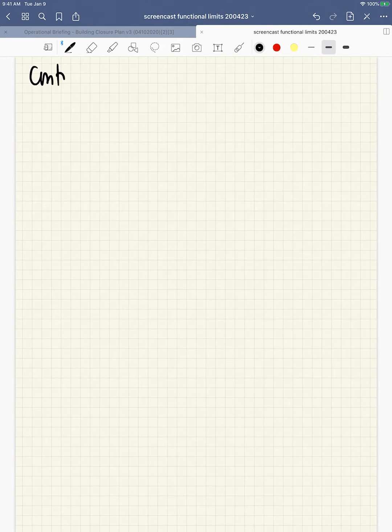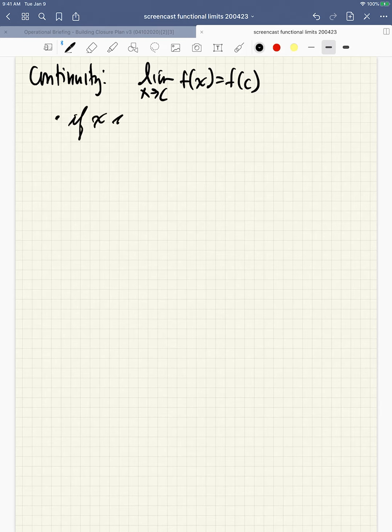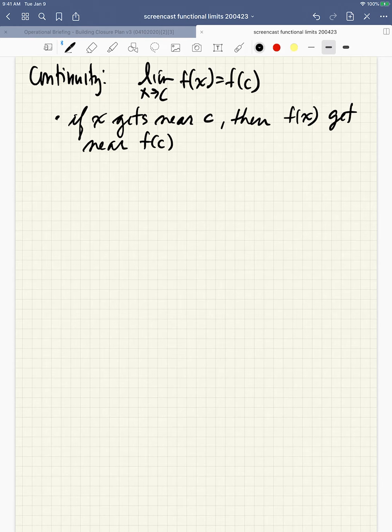So what does continuity mean? So here's the definition we work with today. But what it means is this. If x gets near the value c, then the values of the function, so the values of f of x, get near the value f of c. Okay? So how can we move this?